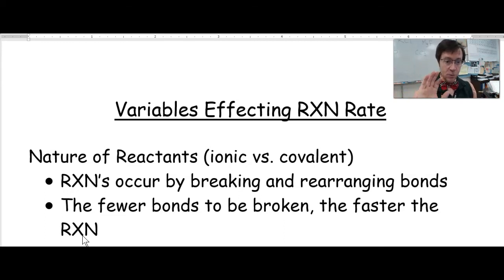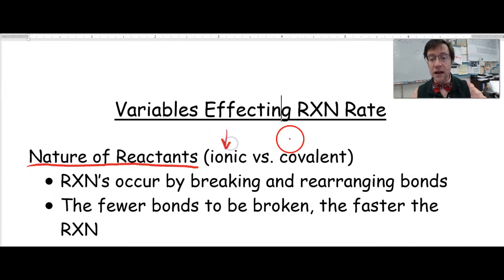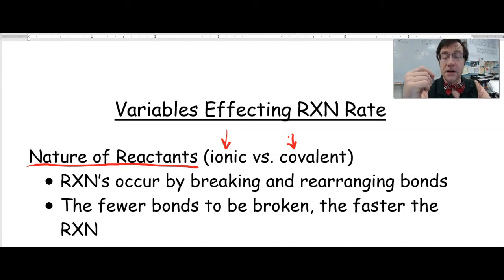Now the first thing that we're going to look at is the nature of the reactants. That's basically going to be ionic versus covalent. Before we talk about that, we have to remember, harkening way back two or three days ago, collision theory.